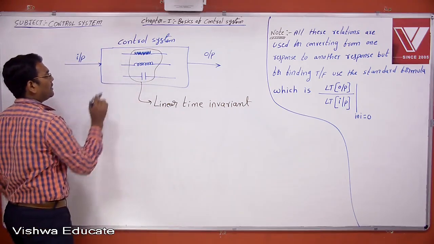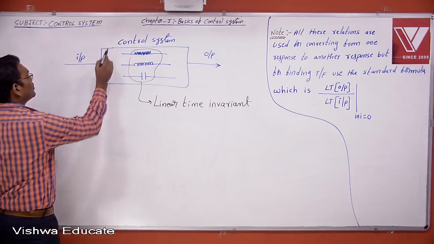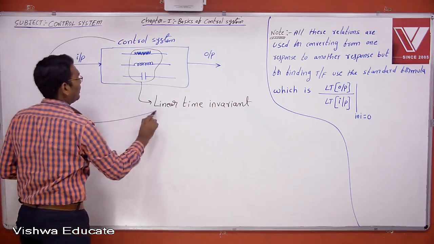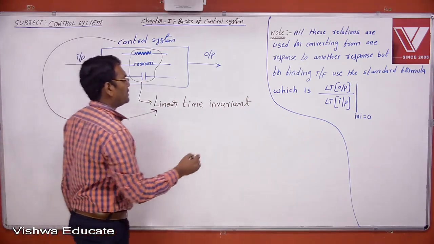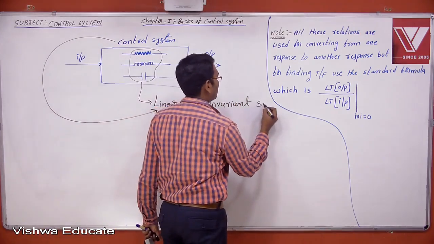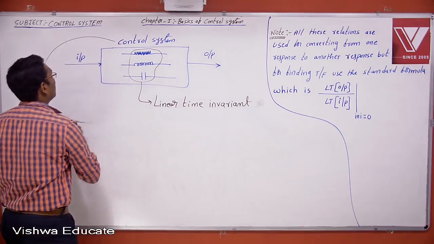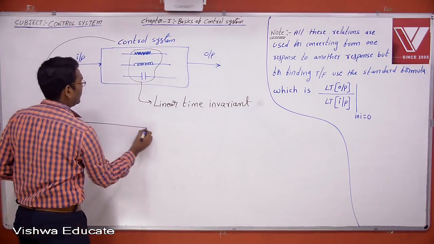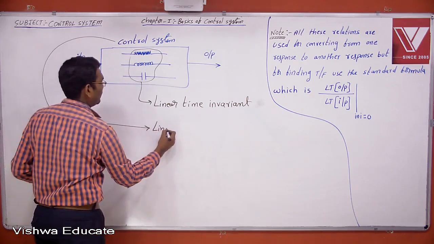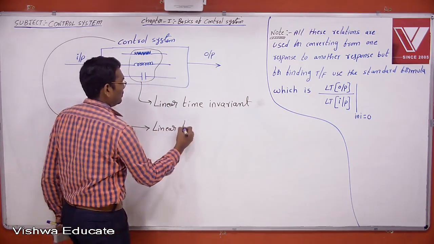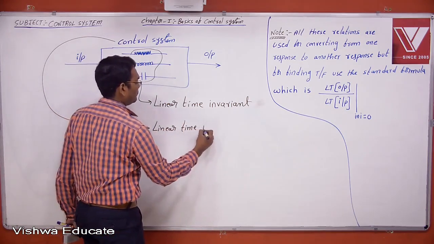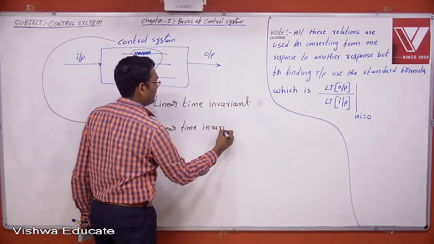So can I say like that? Therefore, the control system is said to be a linear time invariant system.